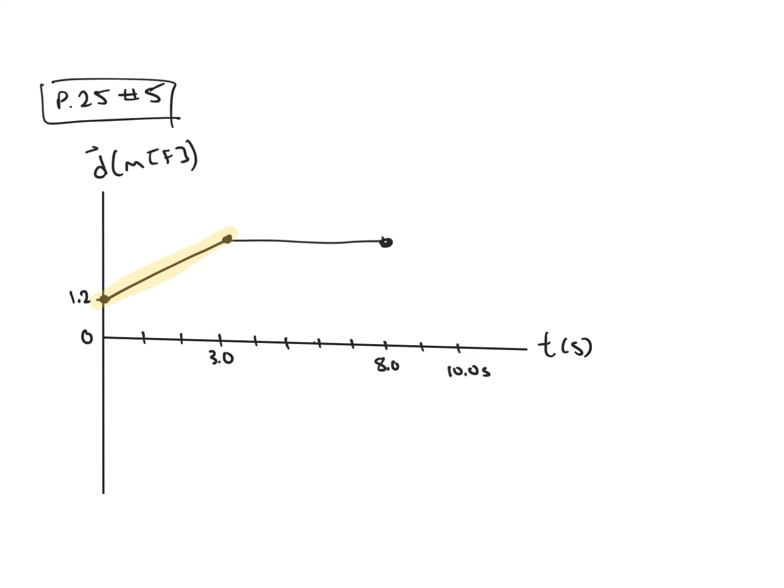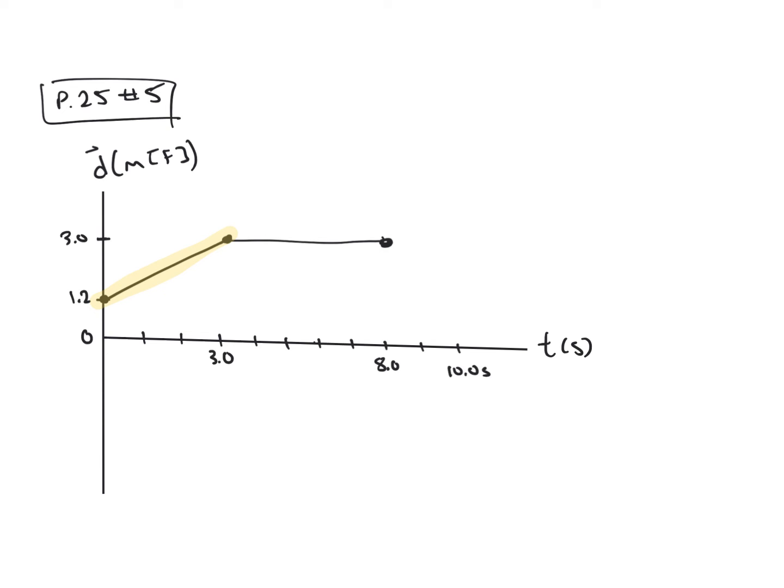So what value did the bear get up to at that position? Let's just, for ease of calculation, I'll do something that's divisible by 3. So maybe I'll say 3.0 meters.